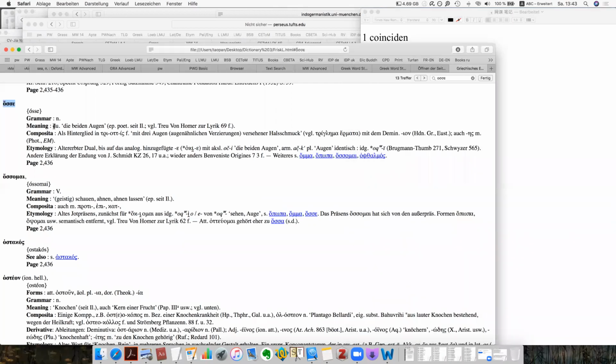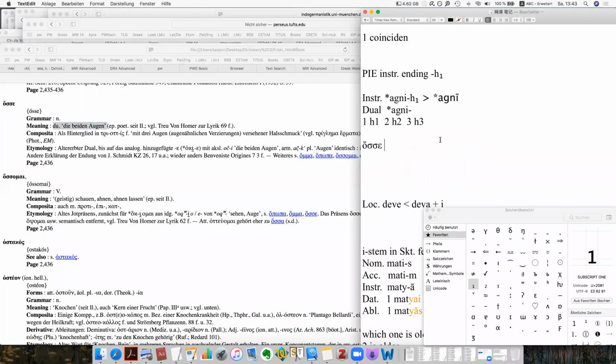The meaning is die beiden Augen. So osse means die beiden Augen, both eyes. 双眼，两个眼睛，对吧？Now, based on this form, can anyone tell me what the dual is?